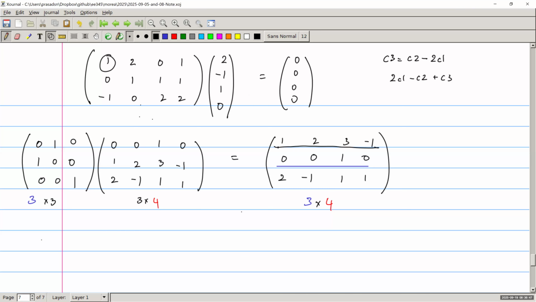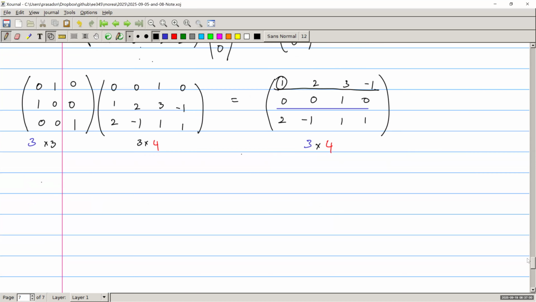Now we find a pivot. You look at the top left corner and mark 1 as a pivot, and you want to zero out all numbers below the pivot. So 1, 2, 3, minus 1, 0, 0, 1, 0, and 2, minus 1, 1, and 1.